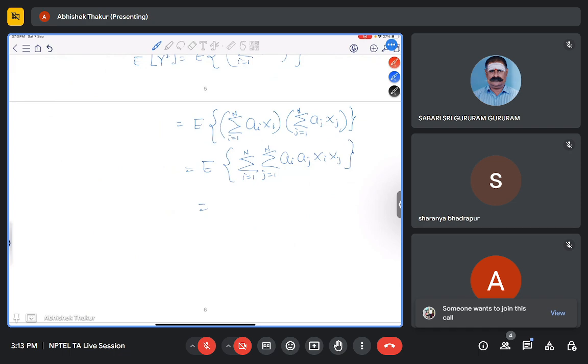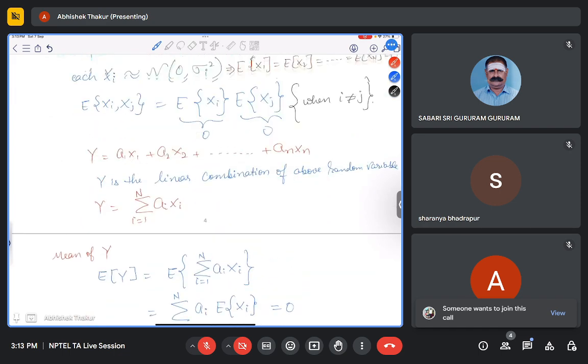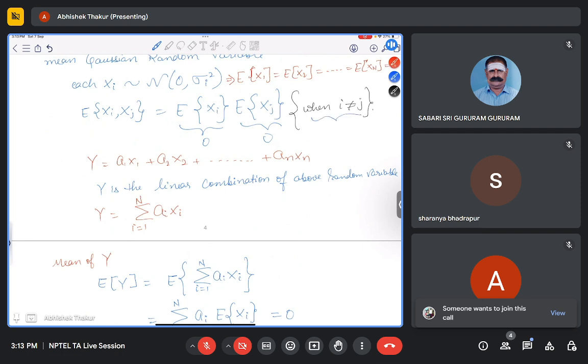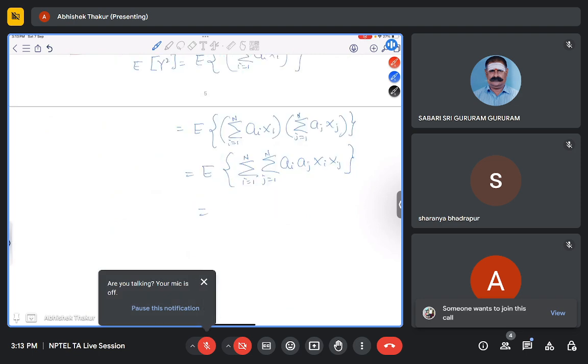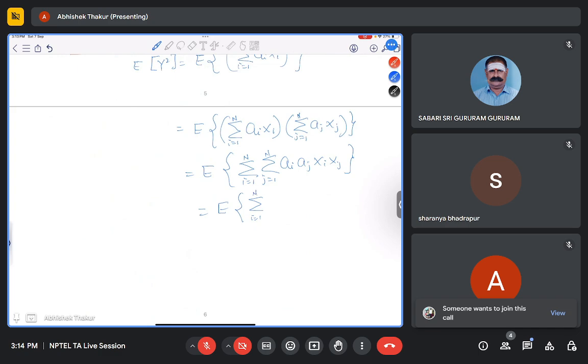Like we have already seen here, whenever i is not equal to j, E of xi xj is equal to 0. So we only have to find the terms when i is equal to j.